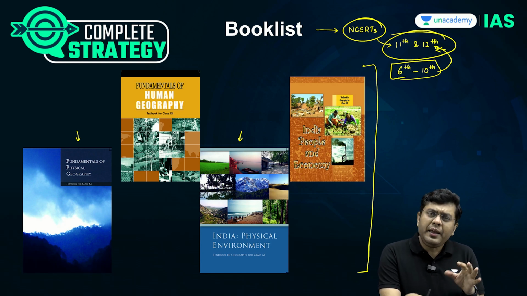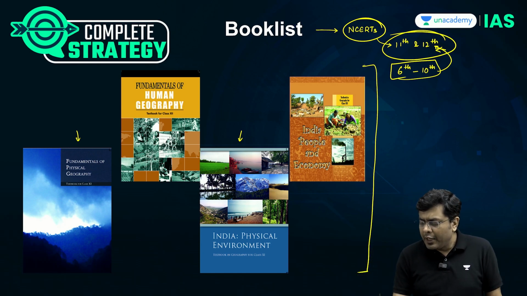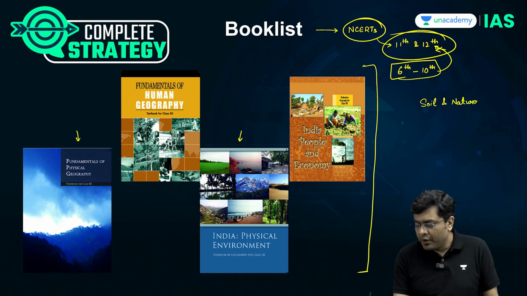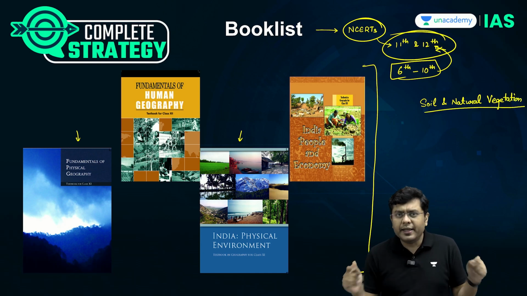So biogeography, now in the subject of the main geography area, you only have to study the portion of soil and natural vegetation. Now how do you study about that? We will talk about it in the approach.